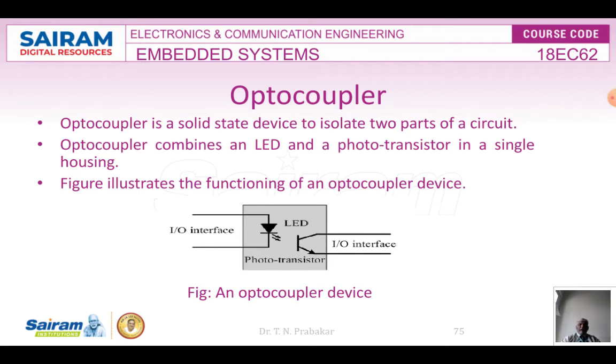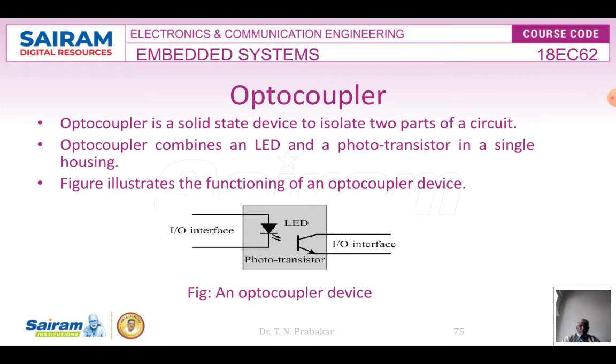If I give some input from the left hand side, the LED will glow, and this LED glow will be sensed by the phototransistor, so my output will also be a 1. Suppose I give the 0 value, the LED will not glow, so the phototransistor will not sense anything, and my output will be 0.